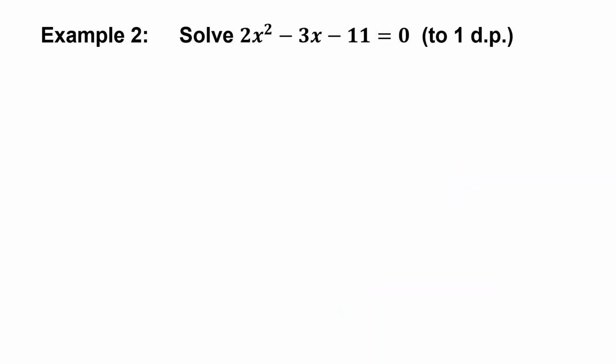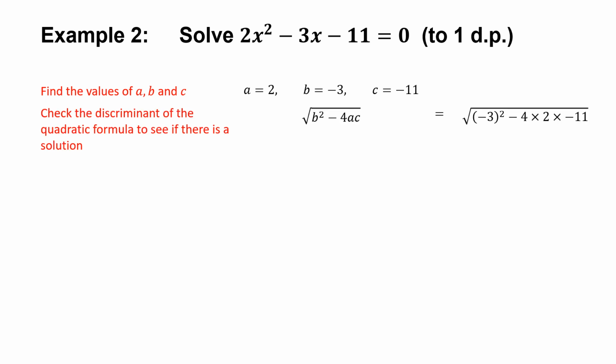So move on to the next example. We have 2x squared minus 3x minus 11 equals 0. So again, we're going to write out our a, b, and c terms. So our a term is going to be 2, our b term is going to be minus 3, and our c term is going to be minus 11. We'll check the discriminant.